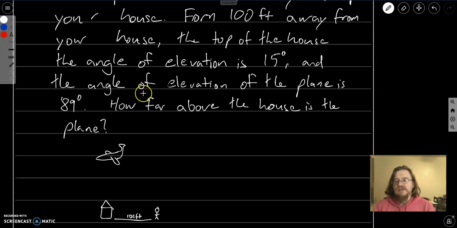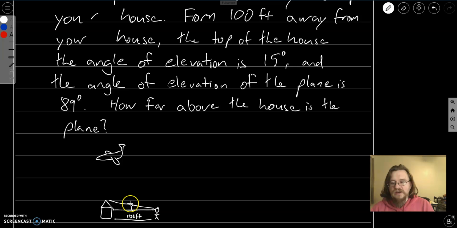So what does an angle of elevation mean? If you were to look straight forward, that is an angle of elevation of 0. If you look slightly up, the angle that this makes with looking straight forward is called the angle of elevation.